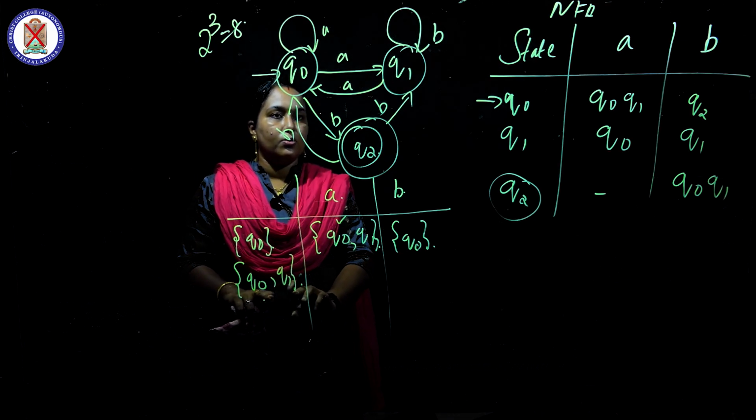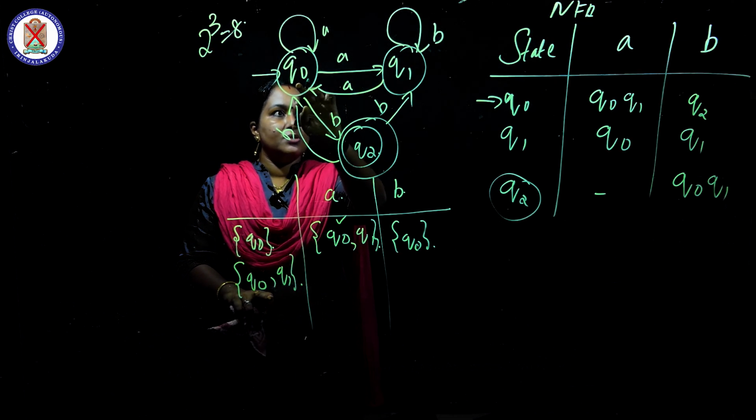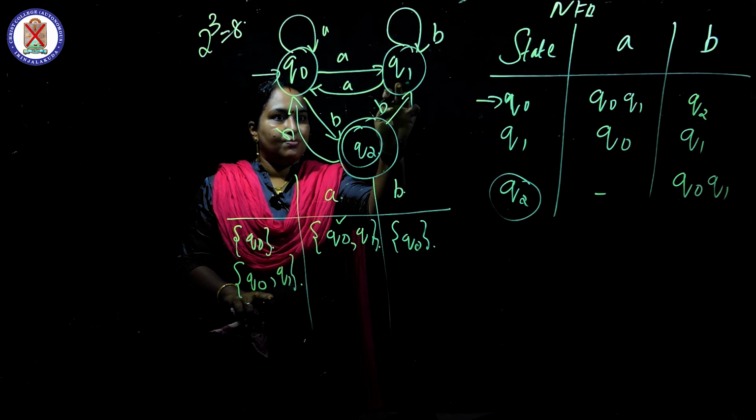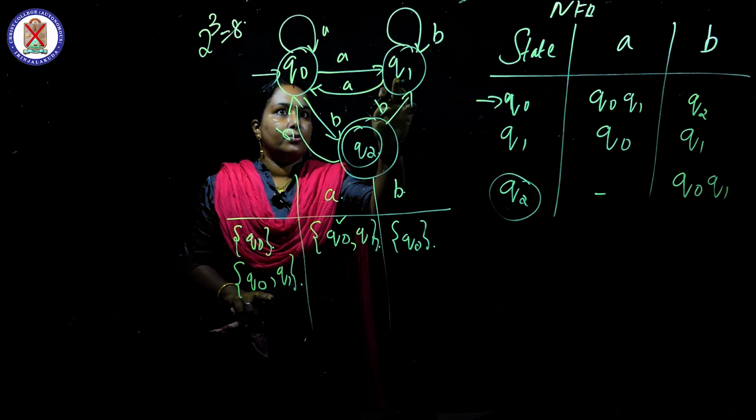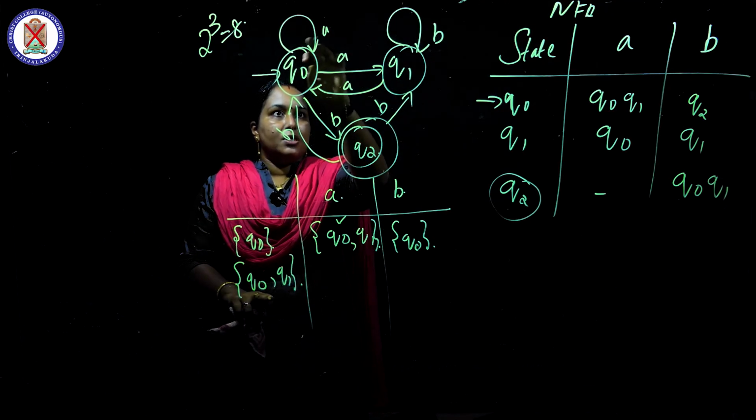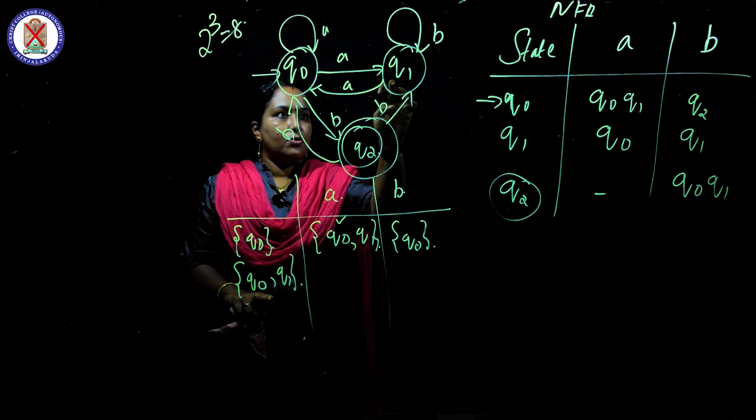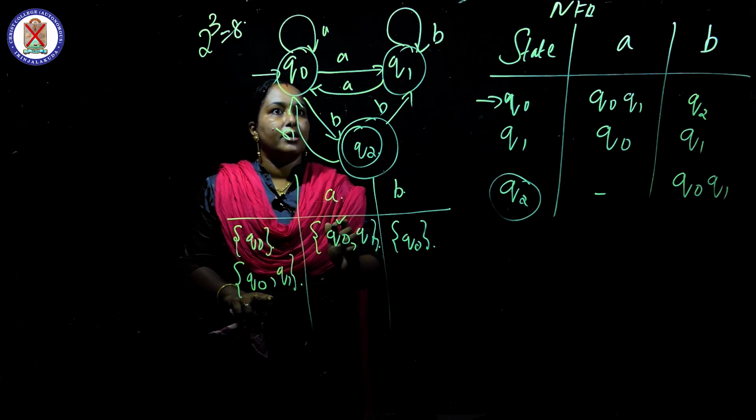So Q0, Q1, you take as both. Q0 on A goes to Q0 and Q1, and Q1 on A goes to Q0.